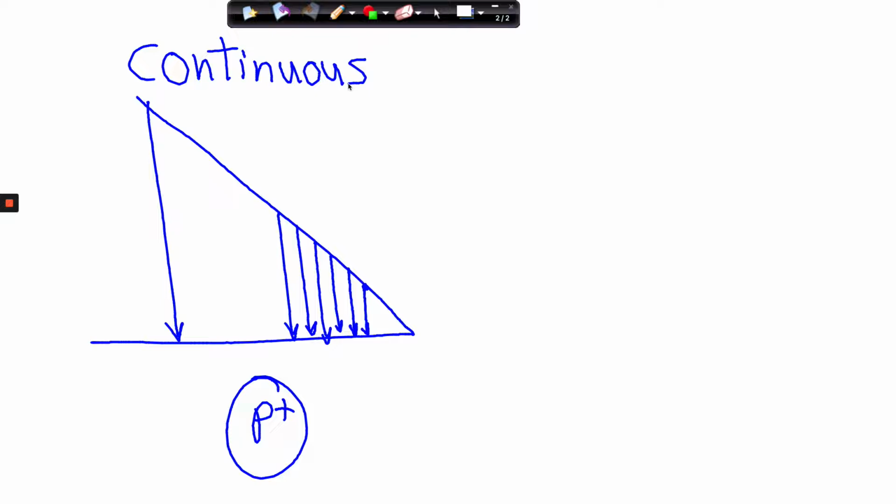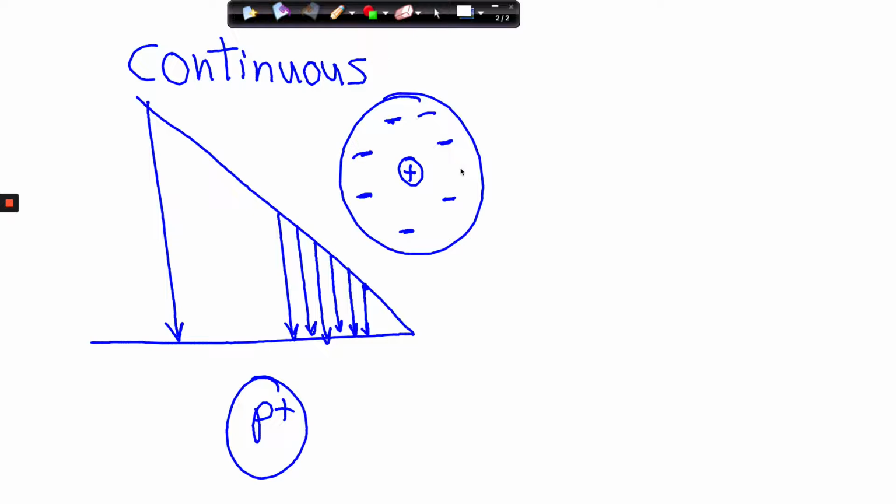So guys, what kind of atomic model would make this possible? And the answer is the Rutherford model of the atom. And remember, guys, Bohr was a graduate student of Rutherford's.